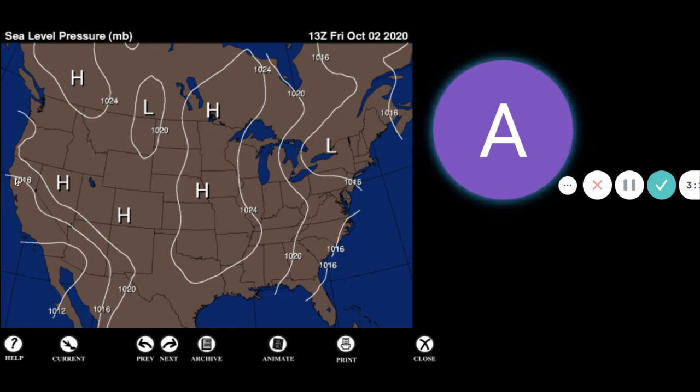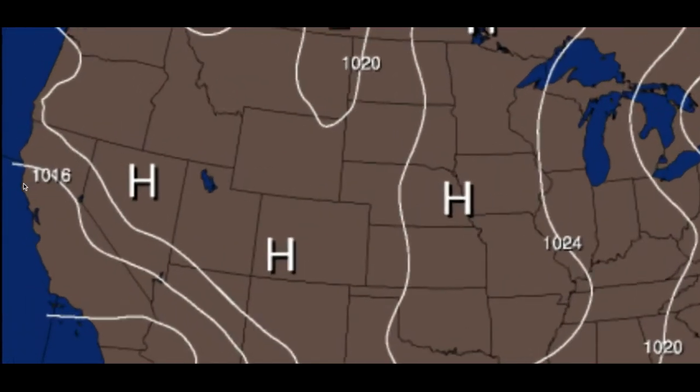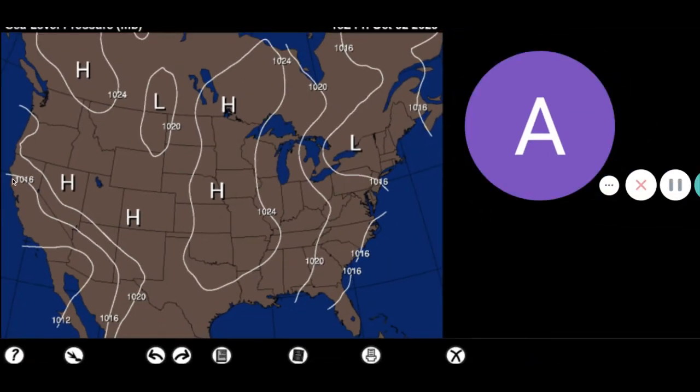Then over here, I've got a real close one. I've got a 1016 millibar isobar right here. And so this little skinny area, all up and down where my mouse is going, the air pressure is 1016 millibars because it's between the 1016 and the 1020 millibars. So we just say everything there is 1016 millibars.